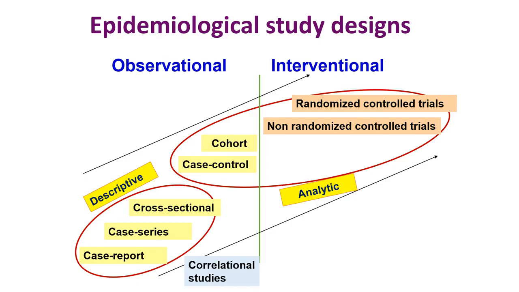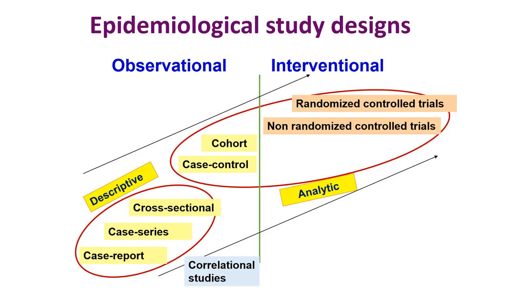On the other hand, correlational studies can only focus on groups, not individuals. Now, in the past, we have discussed that in case report and case series, we cannot test a hypothesis. We cannot look for associations between an exposure and outcome because they don't have any comparison groups.